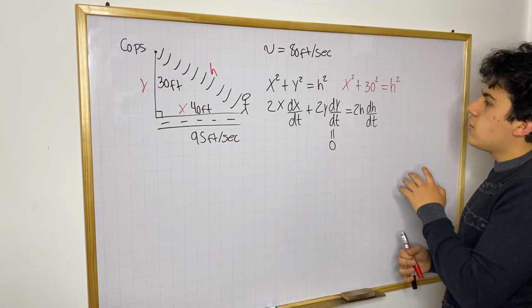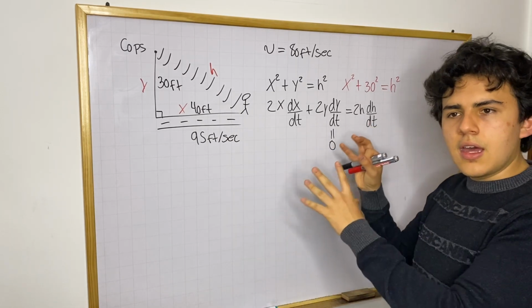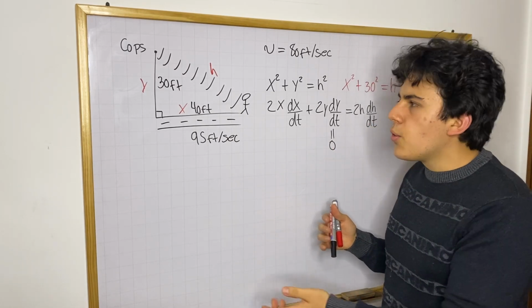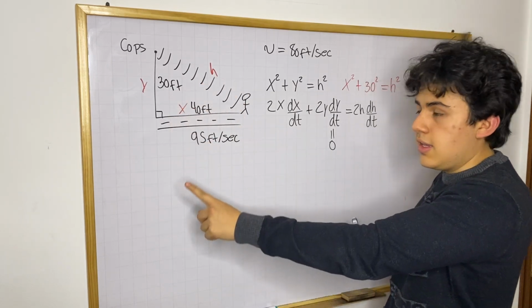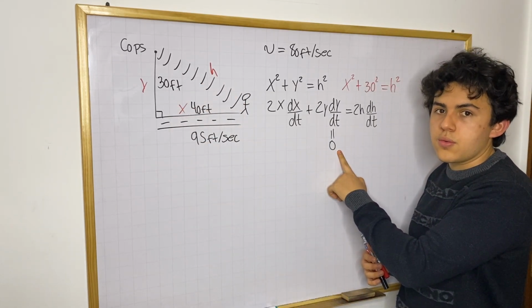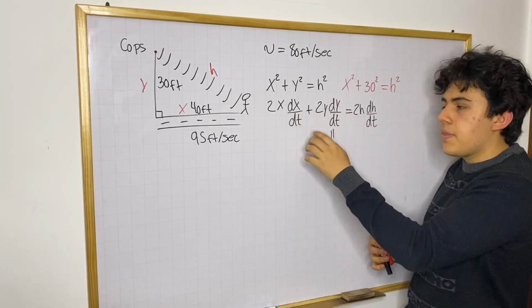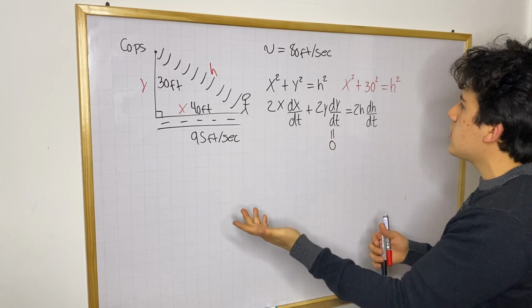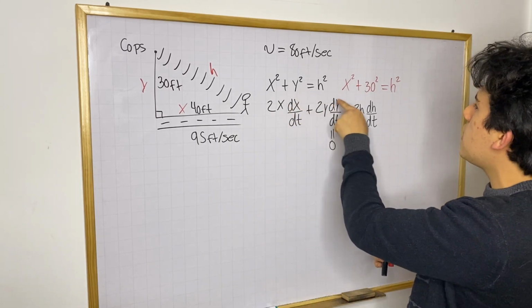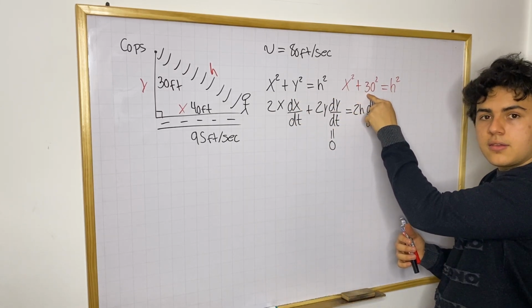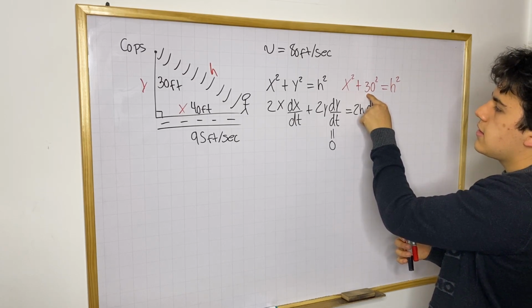This is an important notion: when there is a measurement that will not change, its derivative will be equal to 0. Therefore, it's going to be multiplying something, so that something will disappear, because it's just going to give you 0. So you can write the equation with the constant already in, and you will get the same thing.